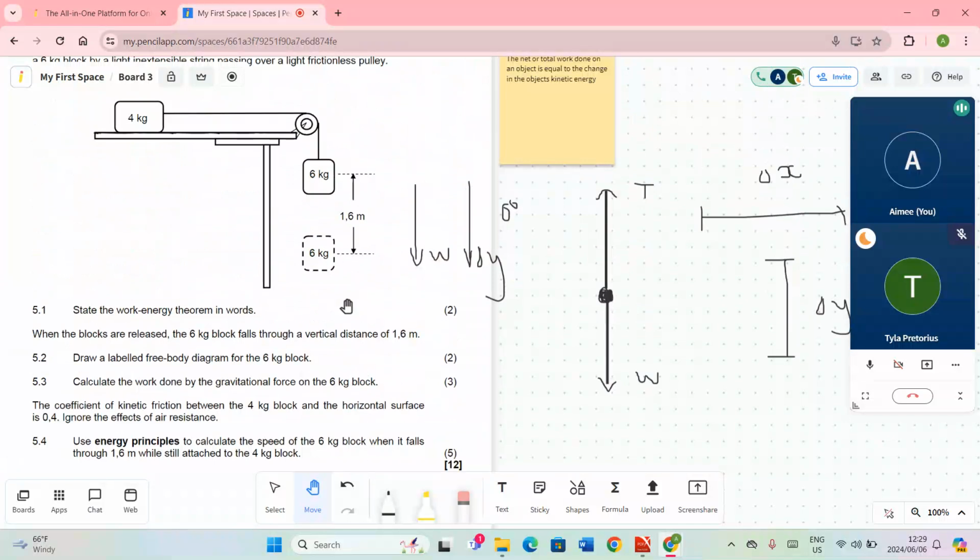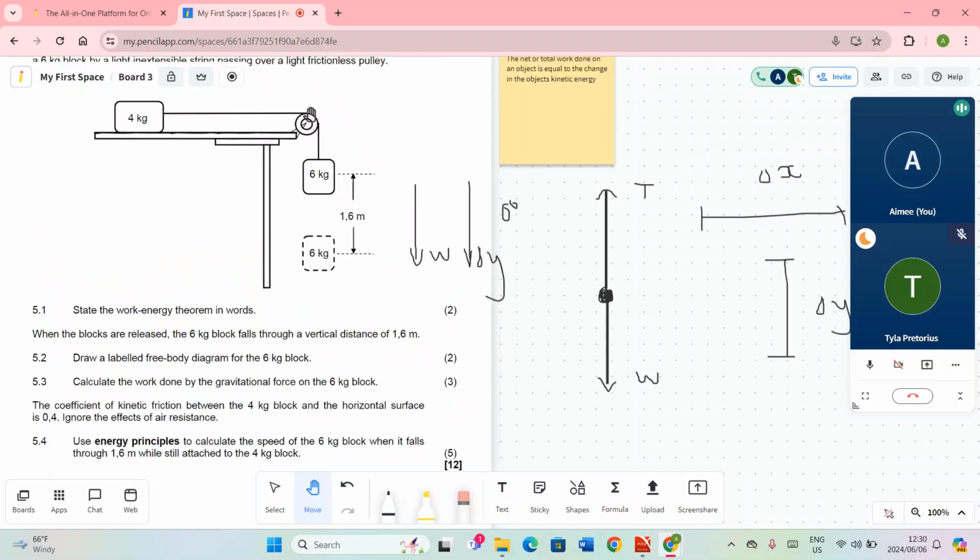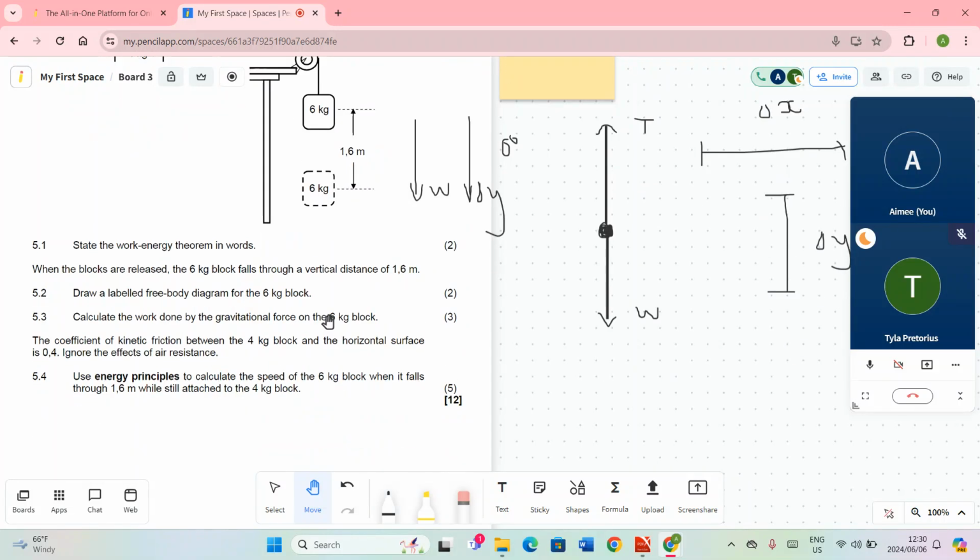So our final question for today is 5.4, and it says the coefficient of kinetic friction between the 4-kilogram block and the horizontal surface is 0.4. Ignore the effects of air resistance. Use energy principles to calculate the speed of the 6-kilogram block when it falls through a 1.6 meter distance while still attached to the 4-kilogram block.